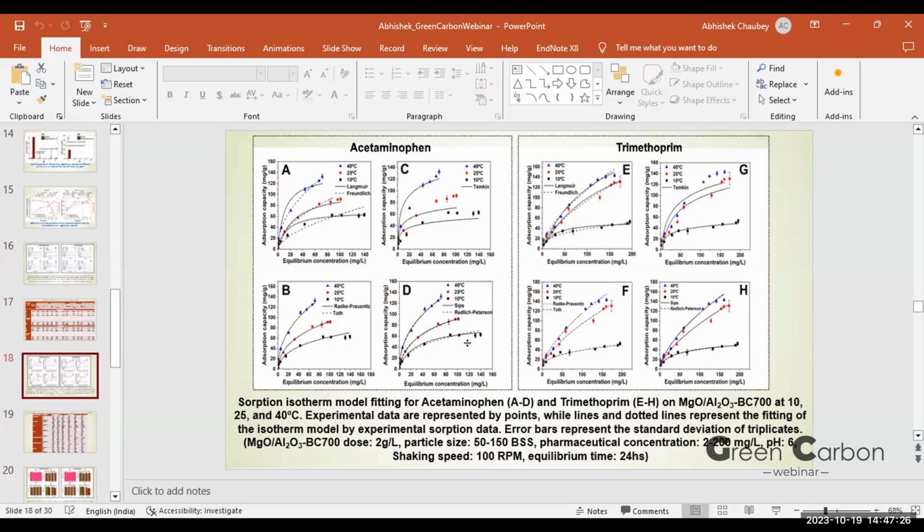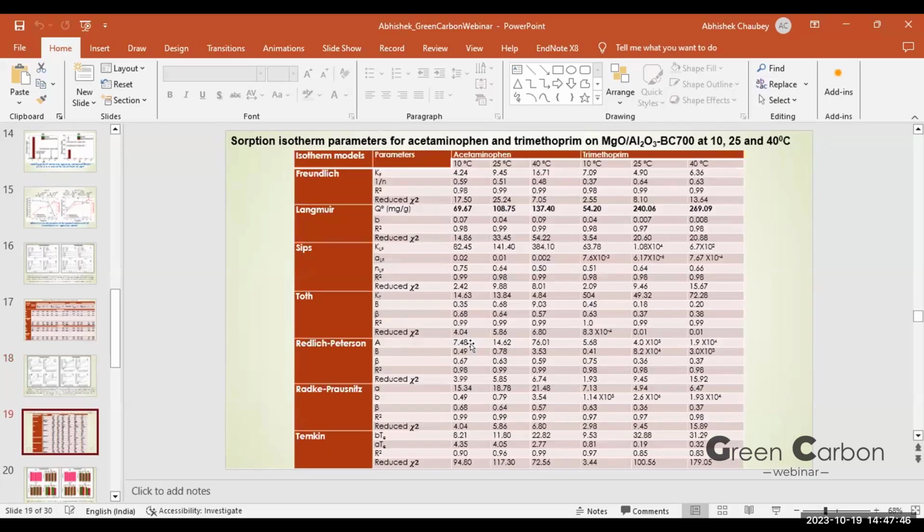We also performed the isotherm test, and in the isotherm study we took concentrations from 0 to 200 ppm for acetaminophen as well as for trimethoprim, and we plotted them using the Langmuir, Temkin, Freundlich and different models to get these numbers. We found that the monolayer Langmuir sorption capacity increases with the rise in sorption temperature, from 10 to 25 to 40.